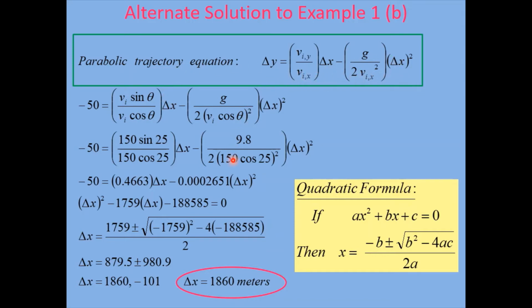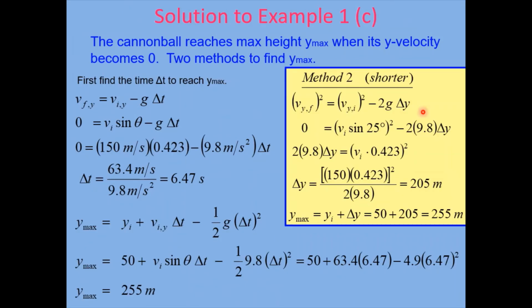And plugging in all the numbers here, you can see there's quite a bit of math and there's another quadratic equation involved, but we get the same answer down here, which is nice to know that at least the methods are equivalent and consistent.